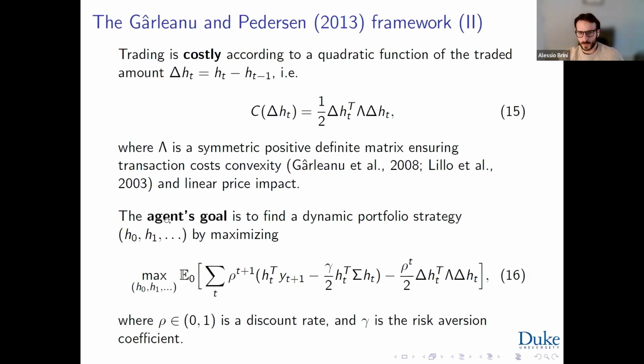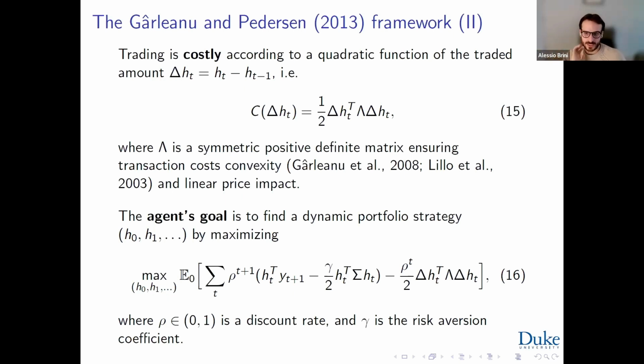And the goal at this point is to maximize this objective function, finding the proper set of portfolio strategies over time. So this is essentially what I described at the beginning as the cumulative discounted sum of rewards. And if you look at what this equation is, it's actually the risk-adjusted P&L.